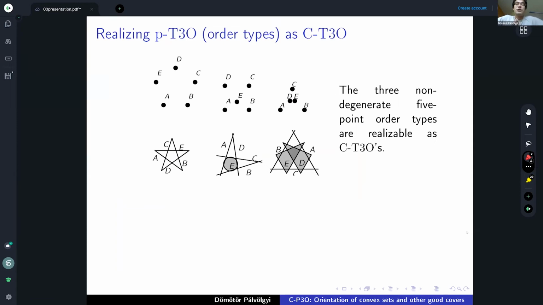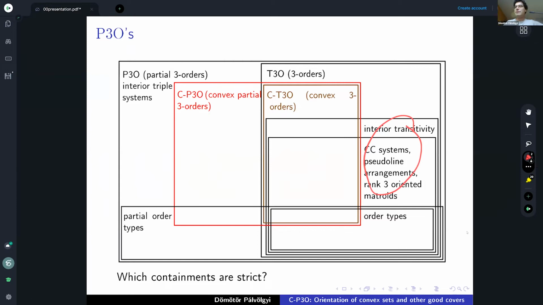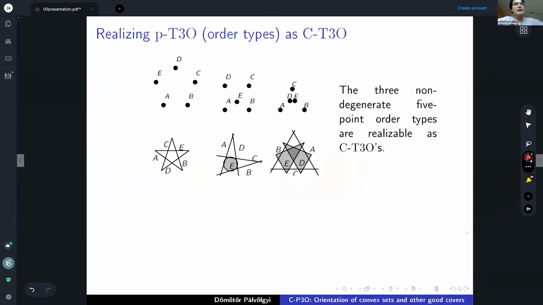The most natural question is whether we can realize all point sets. So all order types, you can ask that, is this small rectangle inside here? Let's look at the point sets on 5 points, because we have already seen that any point set on 4 points is realizable with convex sets. And indeed here I show you that also on 5 points, they can be realized.